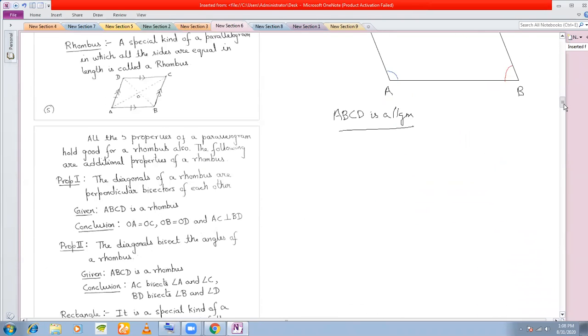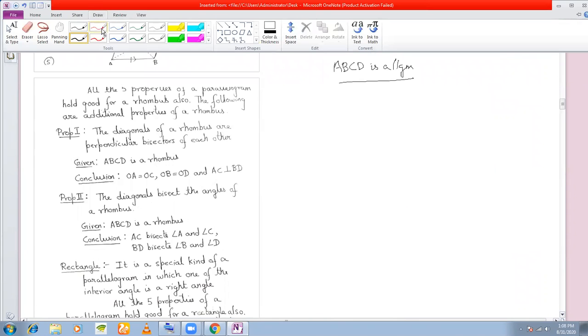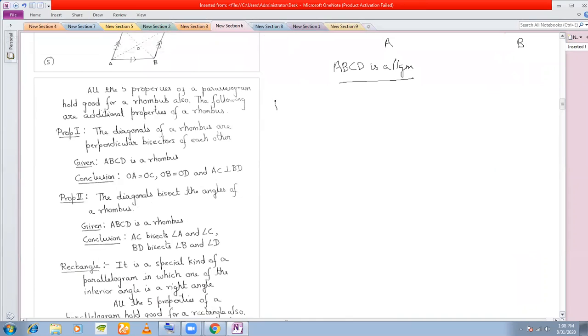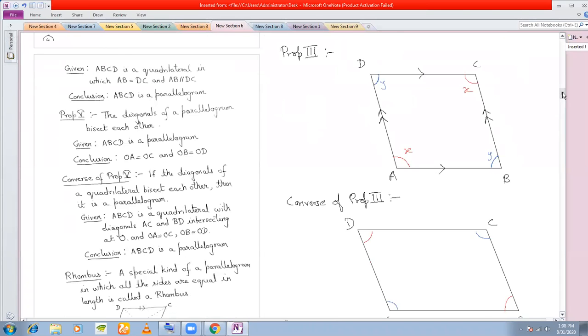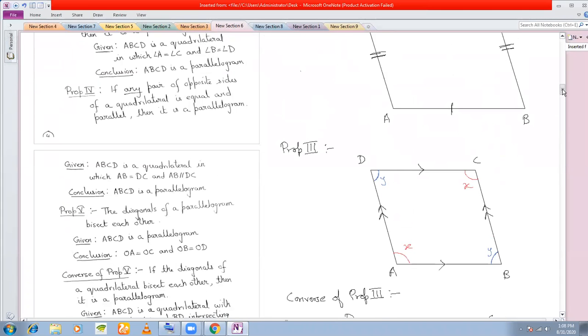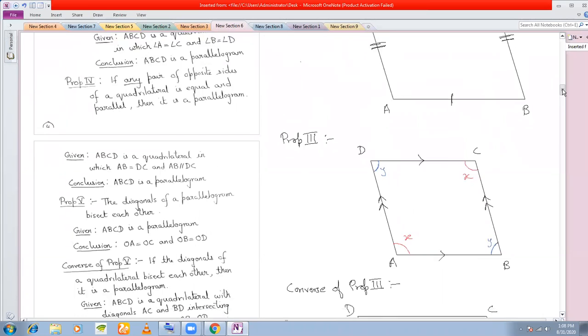Next property, property 4. According to this property, if any pair of opposite sides of a quadrilateral are equal and parallel.